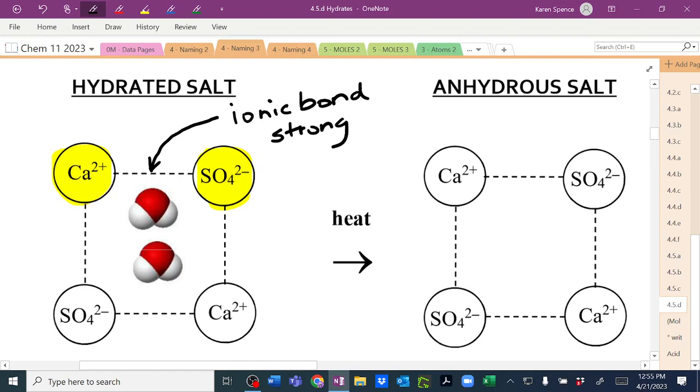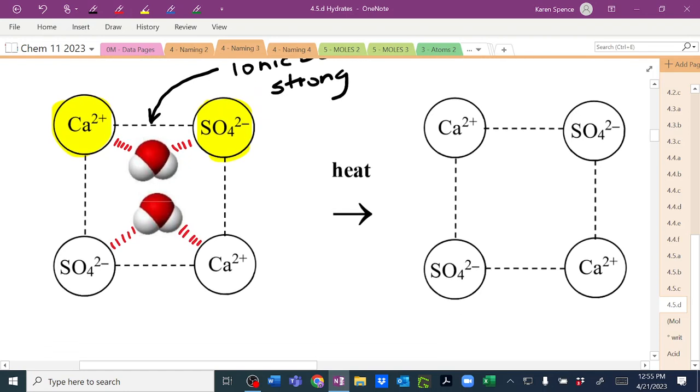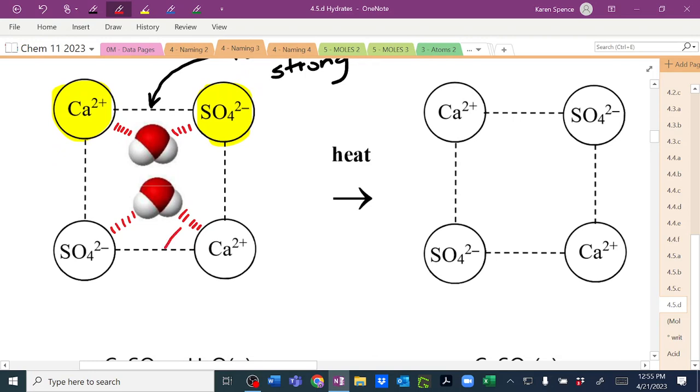Okay, now inside the spaces in that crystal lattice, we have the water being held to the ions by these forces. And what do we call those forces?